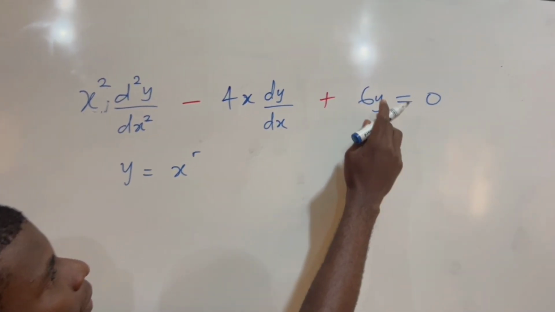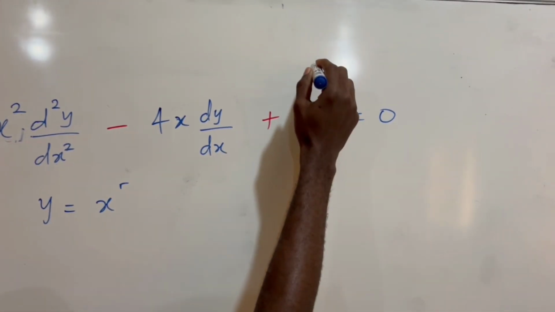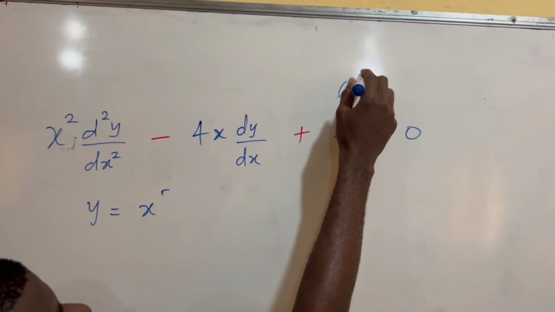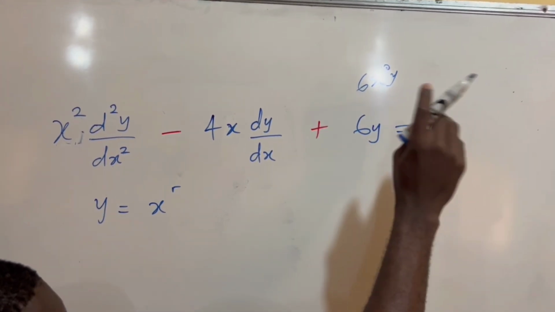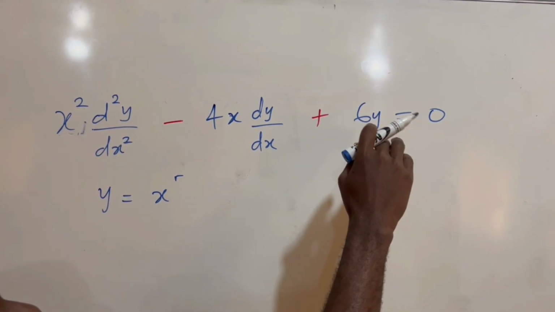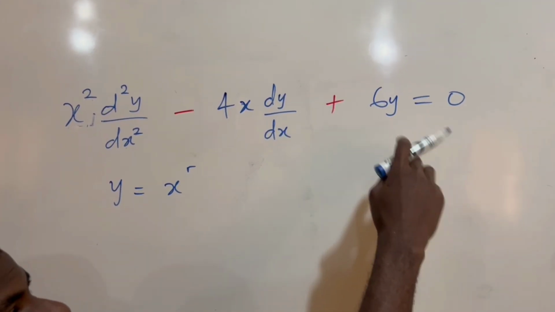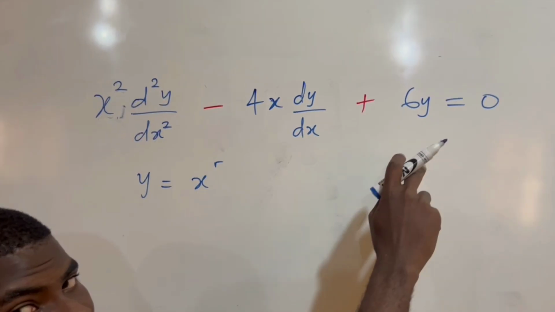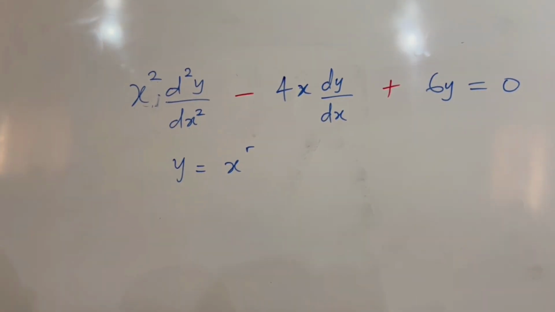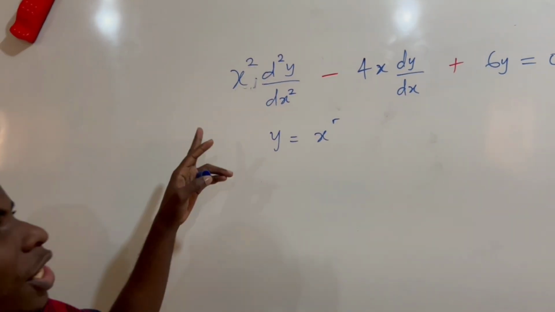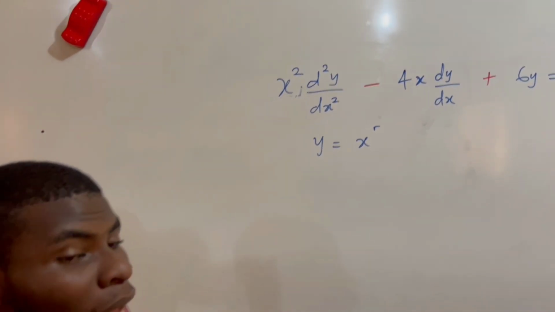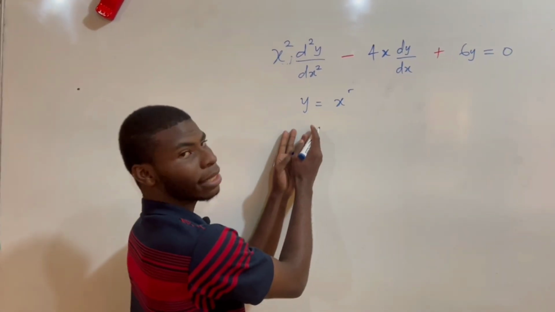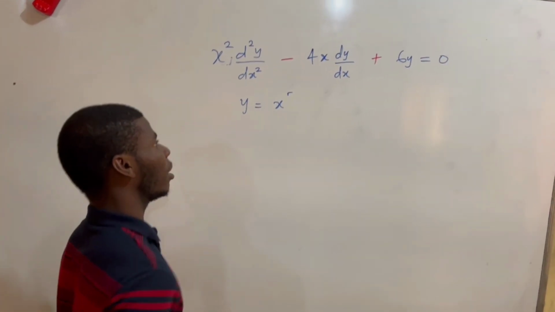And over here, this can be written as 6x to the power of 0 multiplied by y. So we have the zeroth power of x, and also the zeroth derivative. This is why it's called the Cauchy Euler Differential Equation. And we assume that a solution is y equals x to the power of r.